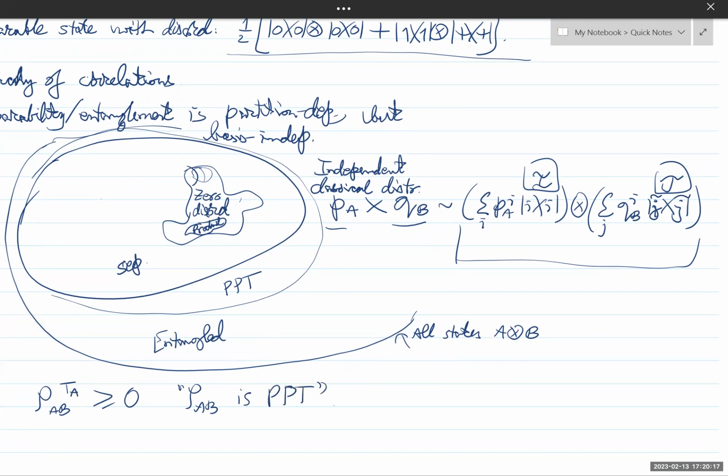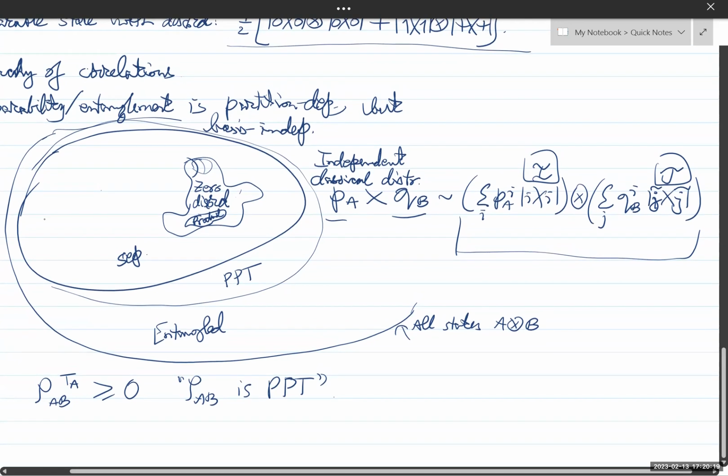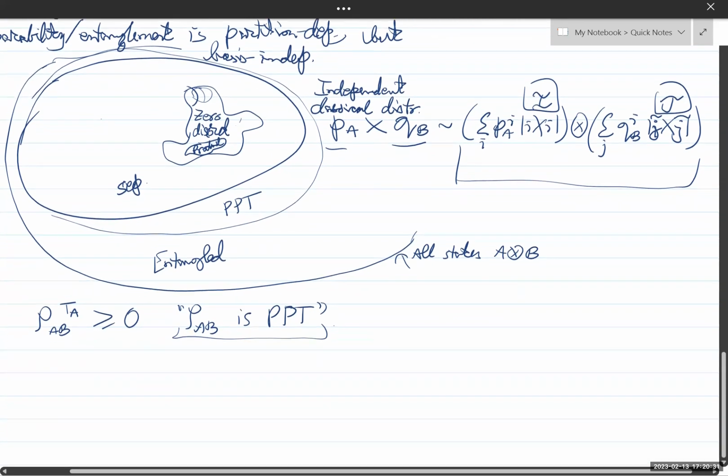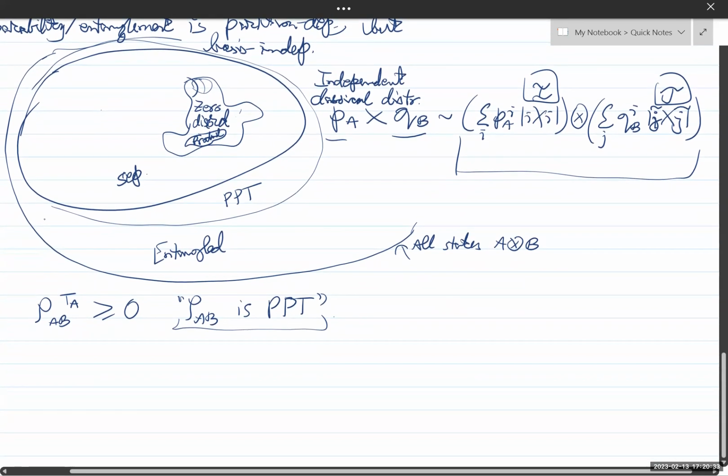And it turns out that even though the transpose is a basis dependent map, whether a state is PPT or not is basis independent, right? And there are entangled states that are PPT.